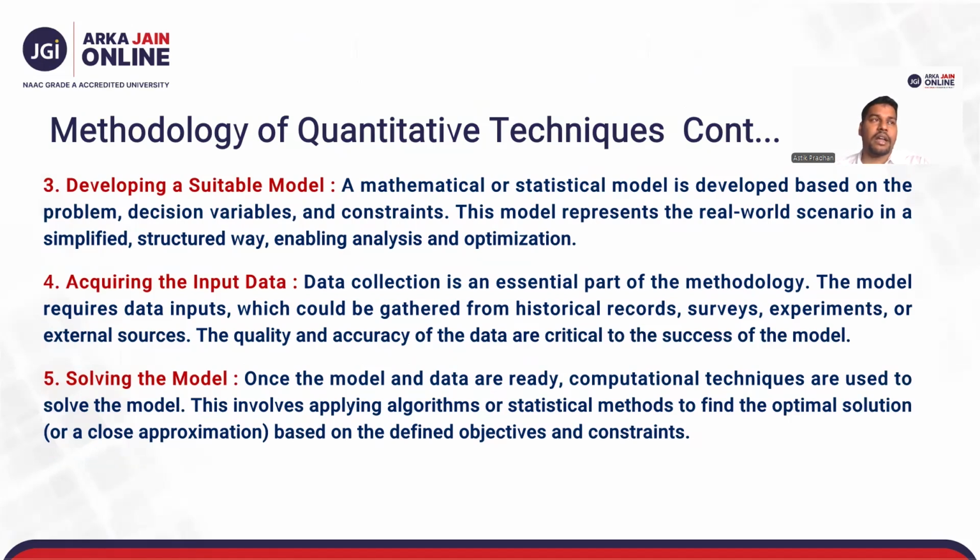Decision variables are those variables based on which we can find the possible solution to the problem, and constraints are the certain conditions we have imposed to find the correct decision. This model represents the real world scenario in a simplified, structured way, enabling analysis and optimization.